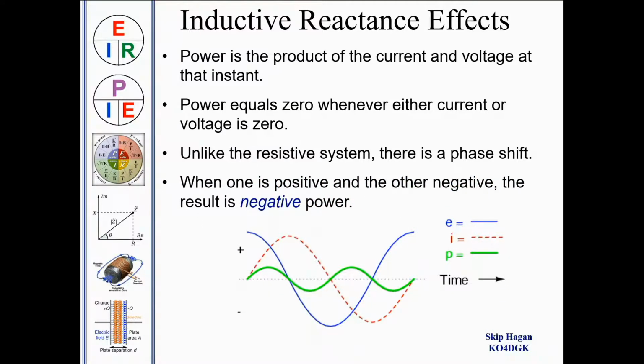But when one value, either current or voltage, is negative and the other is positive, the result is going to be negative, because when we multiply a negative times a positive, we always wind up with a negative.